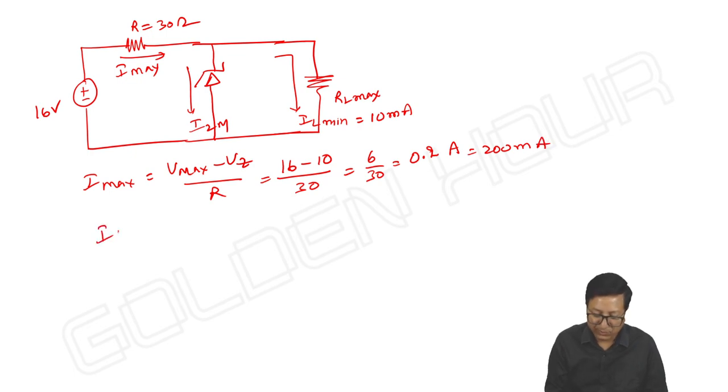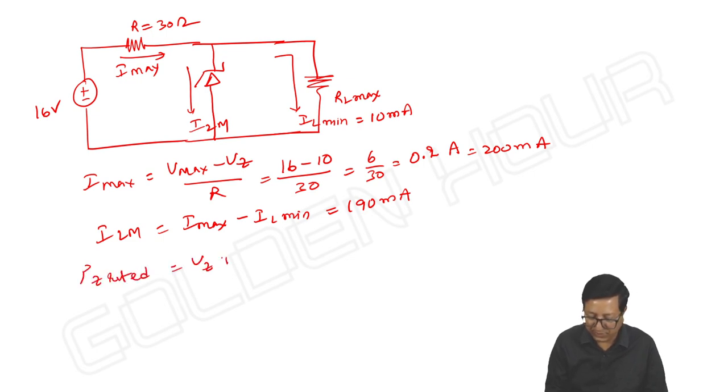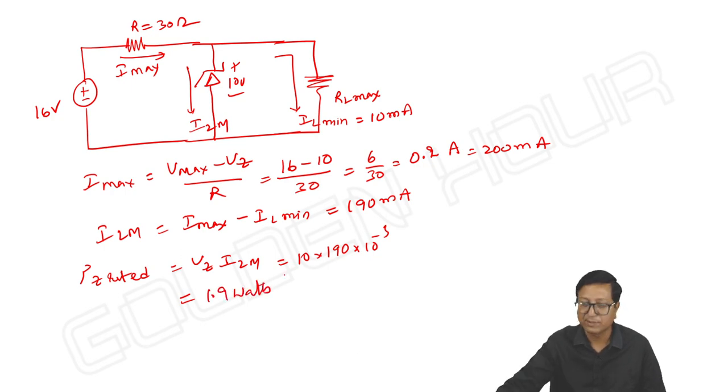Then what about IZM? It is I max minus IL minimum, that is 190 milliamperes. So PZ rated is equal to Vz into IZM. Vz is 10 volts into 190 milli, 1.9 watts.